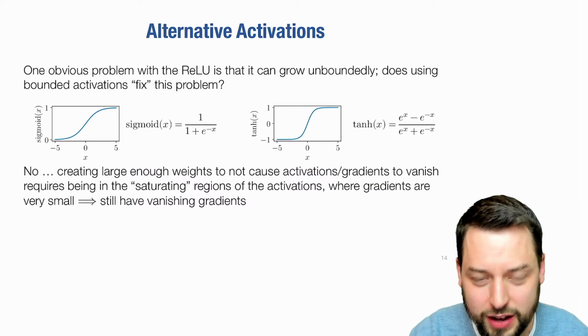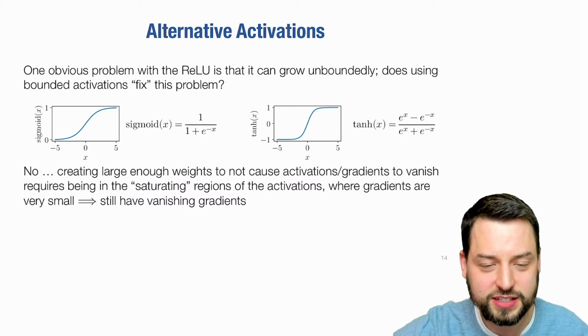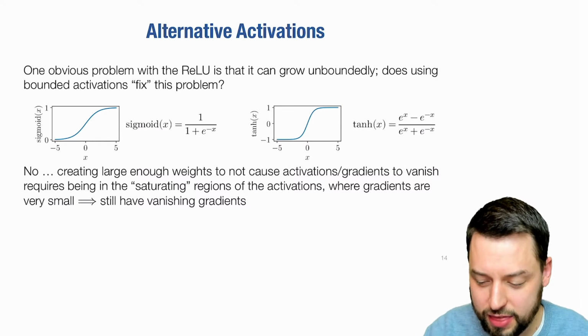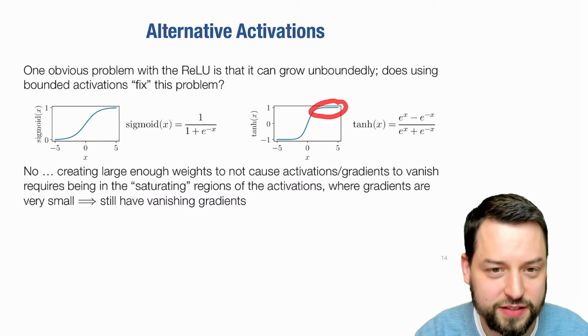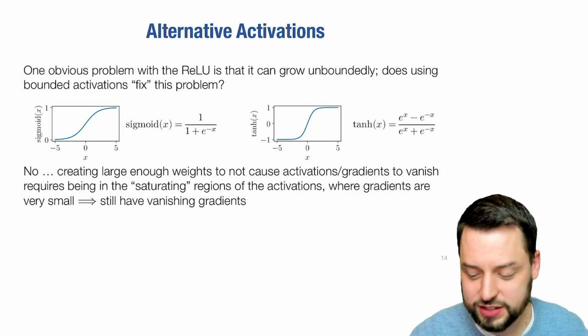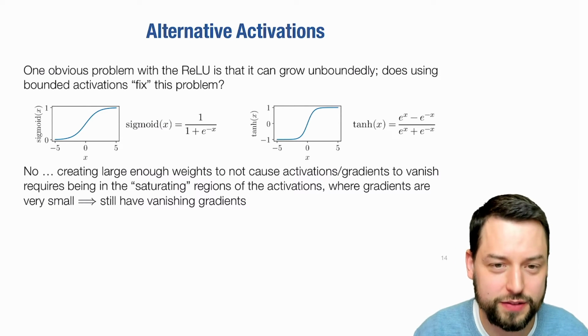On the other hand, if you get in this region where you hit the saturation point, the gradient of this function approaches 0. So here the activation approaches 0, here the gradient approaches 0. If you start getting larger activations, you're in regions where your gradient is 0, and so your gradient is still going to vanish.